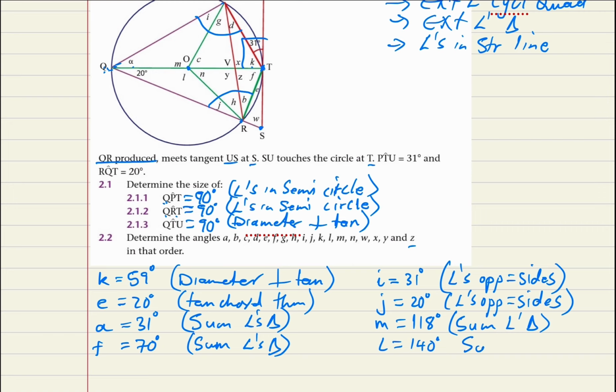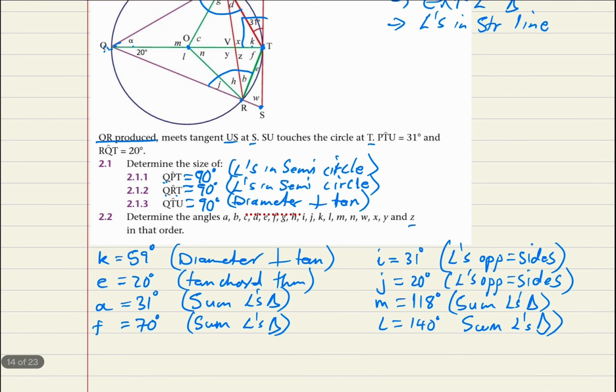That is the sum of angles in a triangle. Okay, therefore we can find N is equal to 20 plus 20, which is 40 degrees. It's an exterior angle of a triangle.